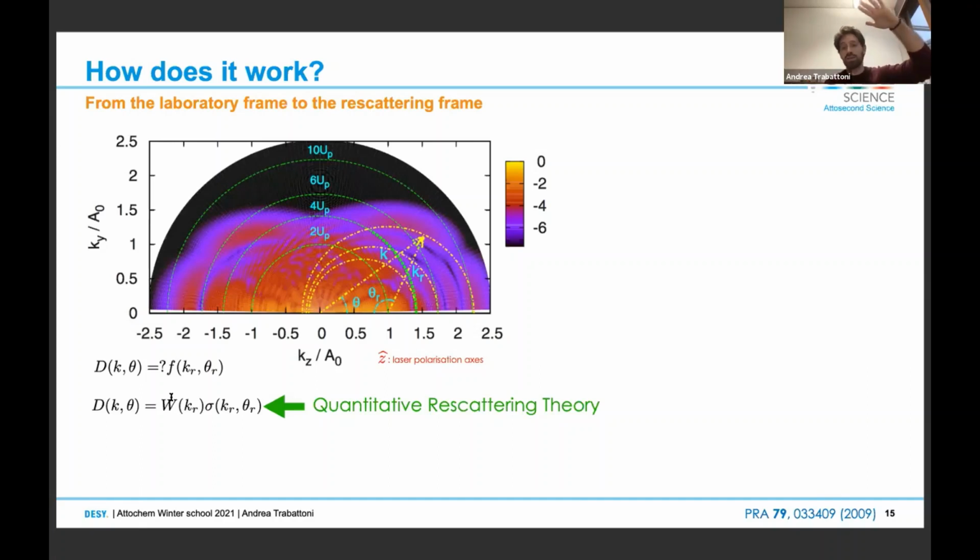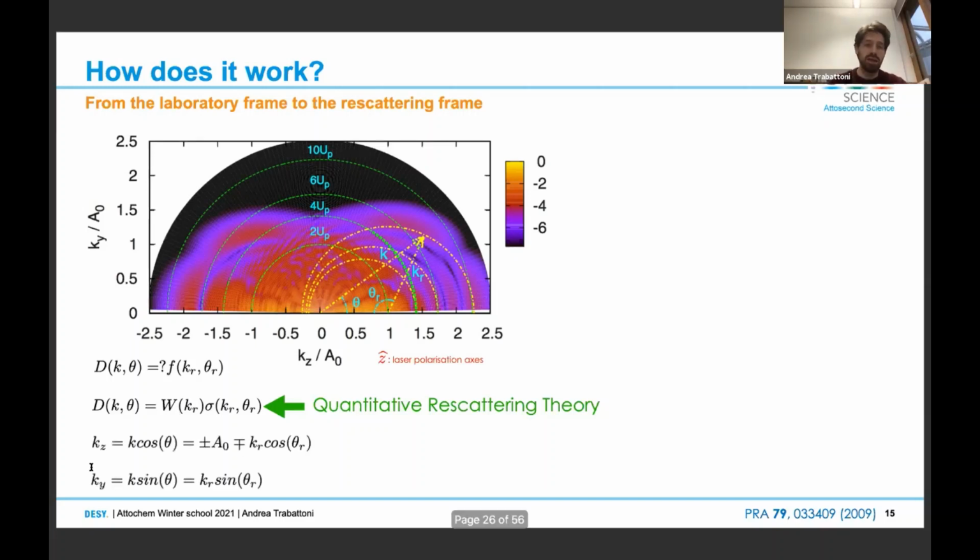So we are basically assuming that the electrons are returning on our parent ion molecule as a plane wave. And then we have the differential cross-section of scattering, that is the object that we need to analyze in order to retrieve the molecular structure. So it is our diffraction observable.